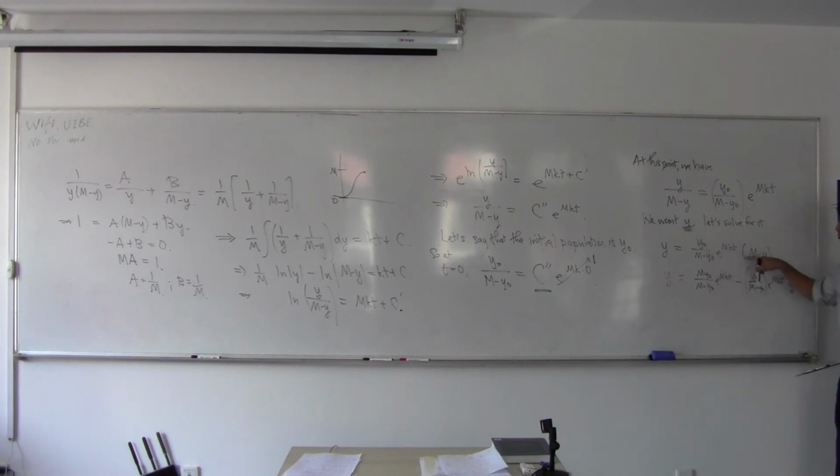I'm just distributing. I take this times m and this times negative y. So I've got this times m and the same thing times negative 1.